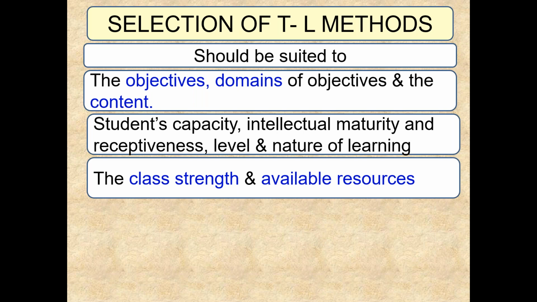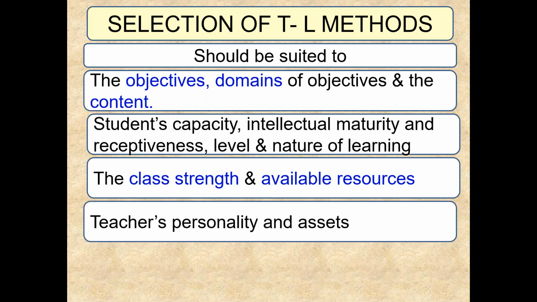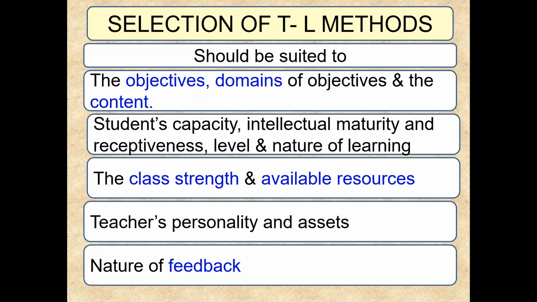Class strength and available resources at our end are very, very important. Teacher's personality and asset: this means how far the teacher is capable or trained, or has the authority to choose that teaching learning method. And of course, last but not the least, feedback.